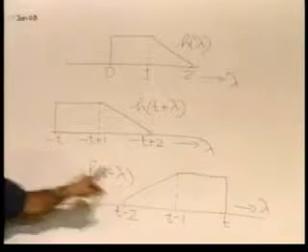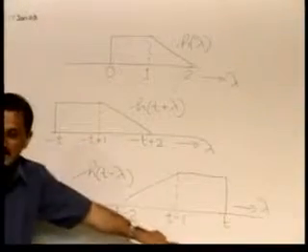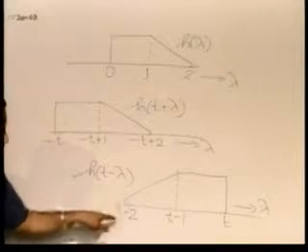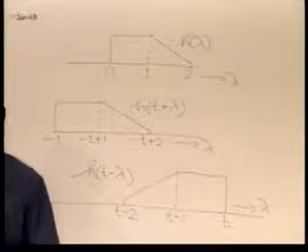So minus t goes to plus t, minus t plus 1 goes to t minus 1, and minus t plus 2 goes to t minus 2. Alright, and this is a function of lambda.